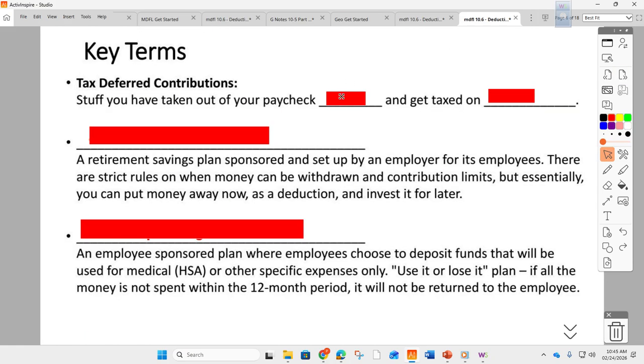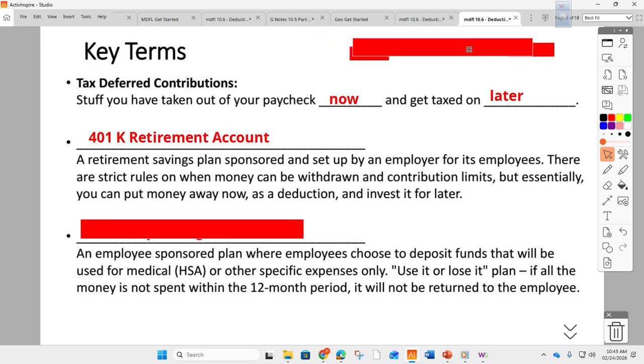Tax-deferred contribution. So stuff you have taken out of your paycheck now and you get taxed on later. Usually, both of these two things are tax-deferred contributions, so we'll just go ahead and talk about those now. I think this is the most famous. Most people have heard of a 401k plan. It's a retirement plan. Your employer sets it up for you, and they can contribute money to your 401k plan. You can contribute money to it. Sometimes they have matching plans. If you contribute some, they'll match that amount.